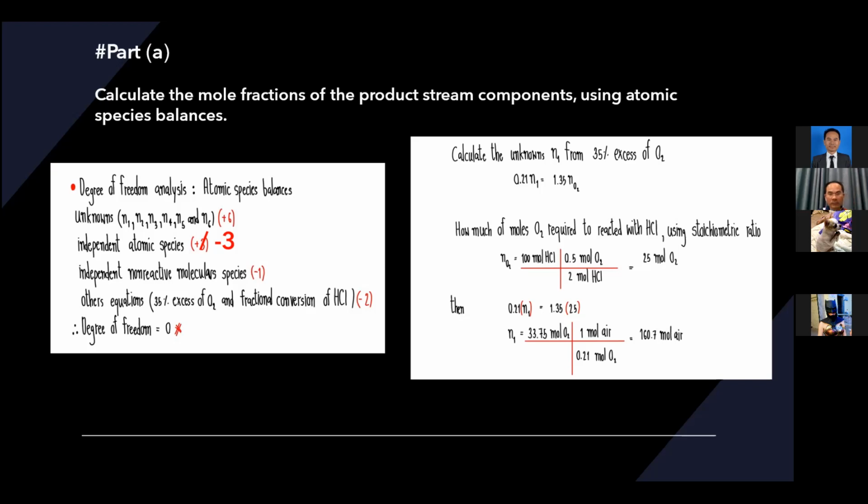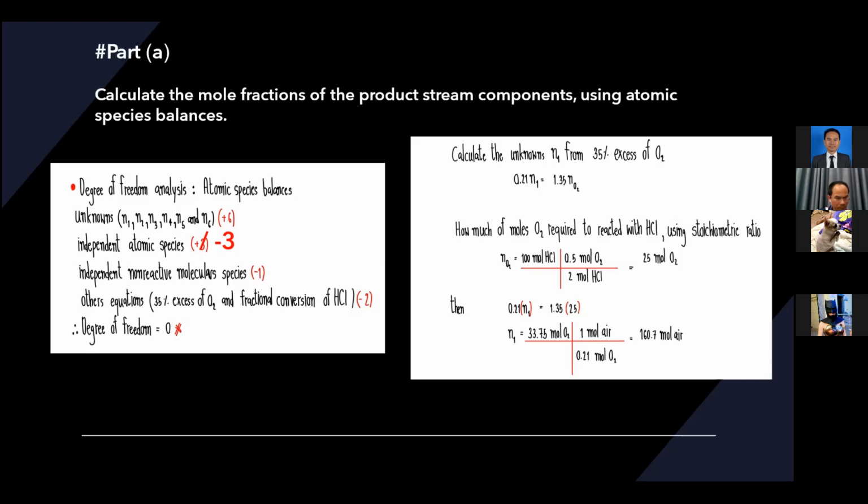For the calculation of the unknowns, let's start from N1 using the excess of oxygen. We have to find out how many moles of oxygen are required to react with the hydrochloric acid using the stoichiometric ratio. Then we got the moles of oxygen equal to 25 moles.